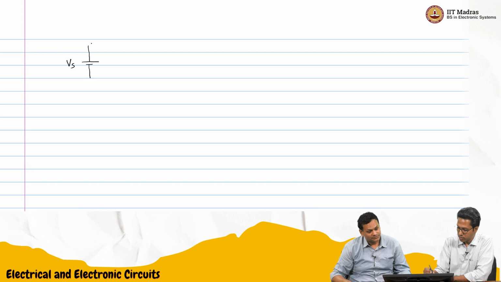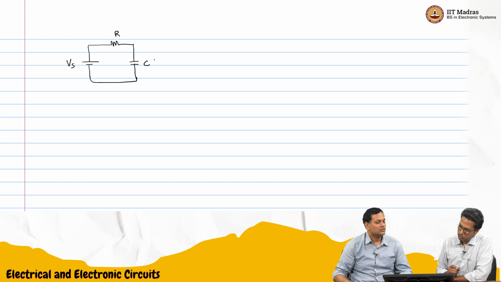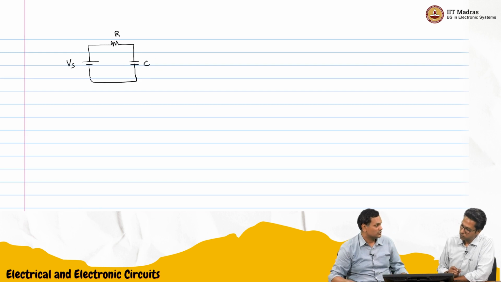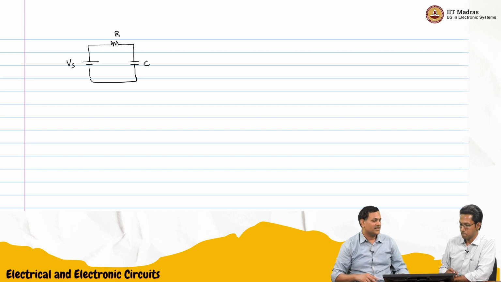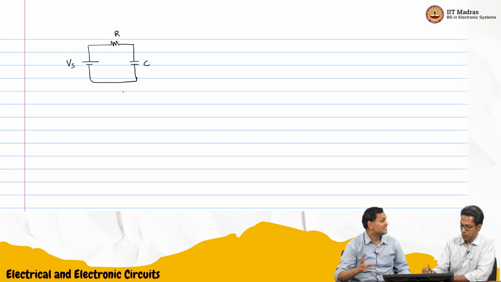I have a Vs, then there is an R, then there's a capacitor C. Suppose I have a switch in series with the voltage source and I close it. Current starts flowing and the capacitor starts getting charged.